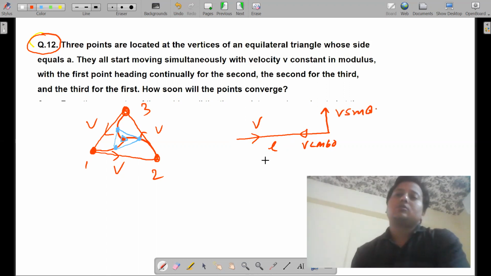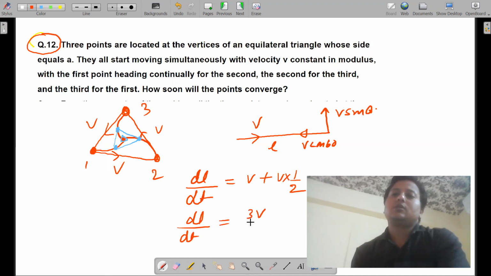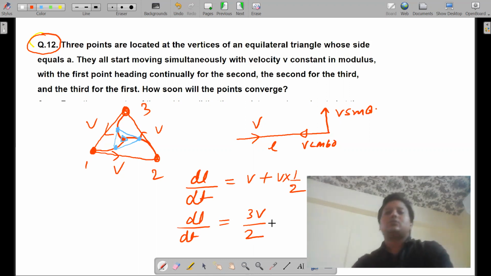Due to v and v cos 60, l is continuously decreasing. So dl by dt is v plus v cos 60, and cos 60 is 1 by 2. So dl over dt comes out to be 3v over 2.